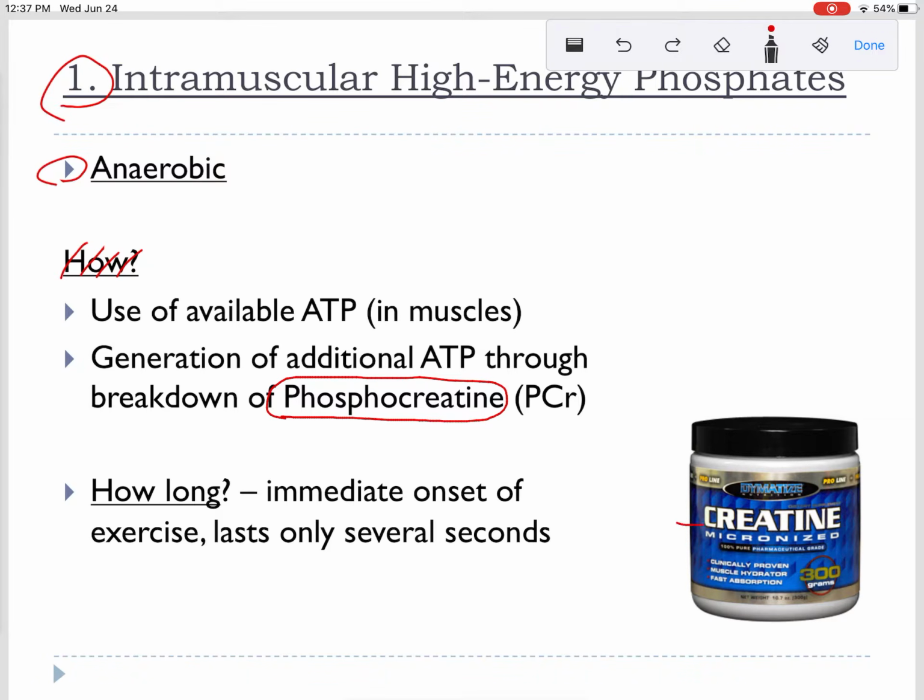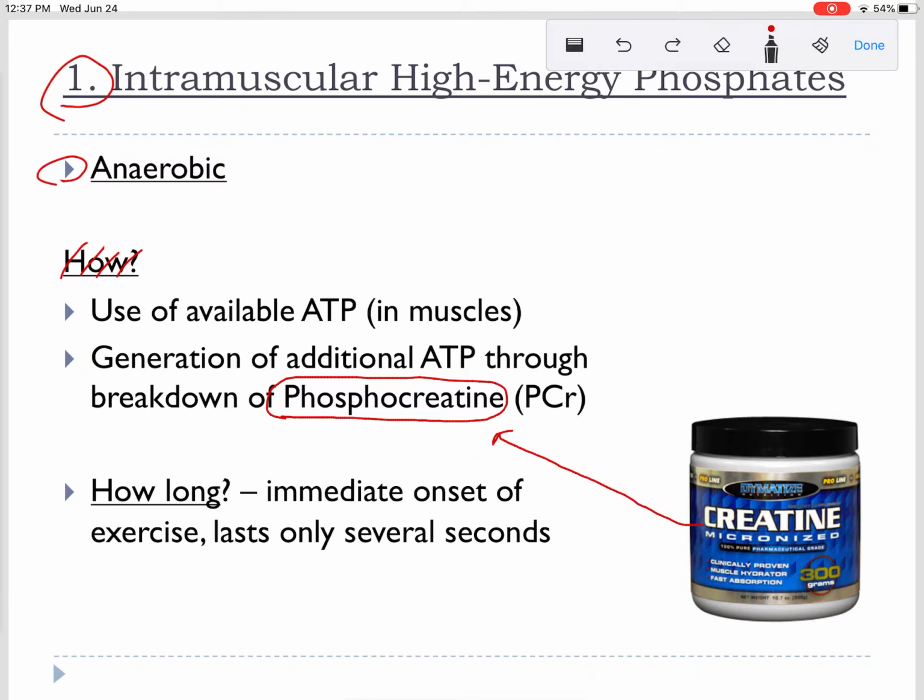And what creatine does is it adds more of this to what our body already makes. And what it means is our muscle cells can produce a little bit more energy in this phase. We're going to come back and talk about creatine as a supplement later.